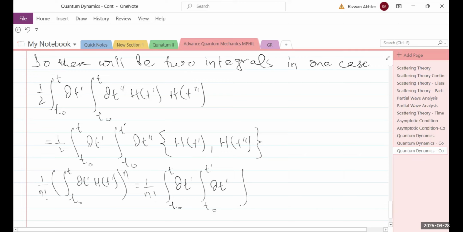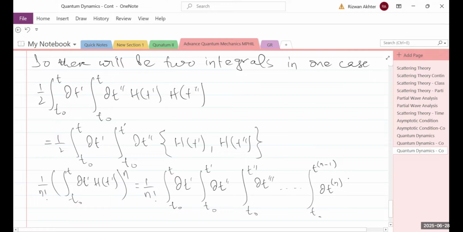Then we have integral t naught to t double prime, dt triple prime, and so on up till we have an integral from t naught to t, n minus 1 primes, and this is dt n.